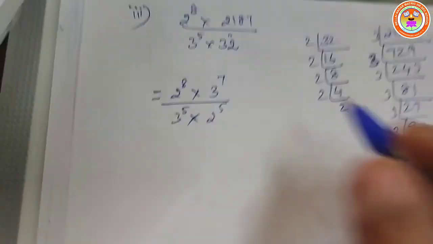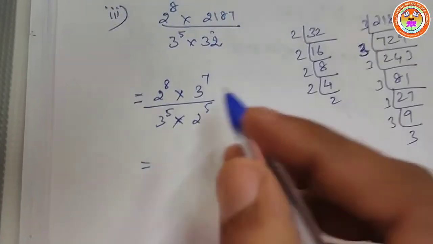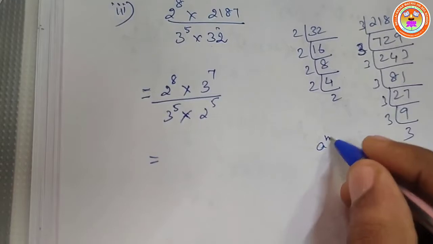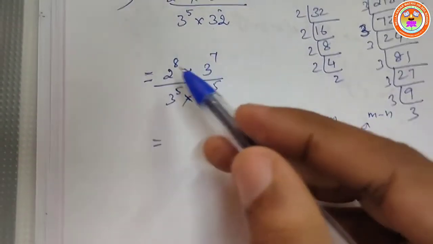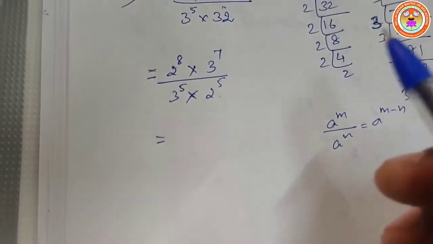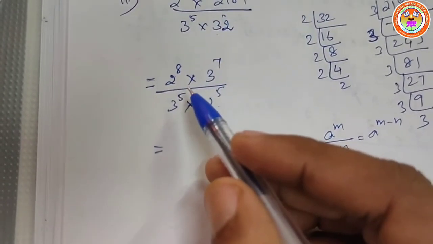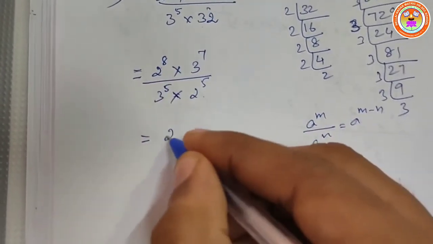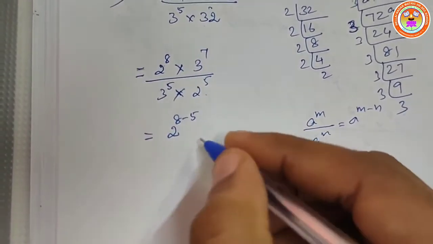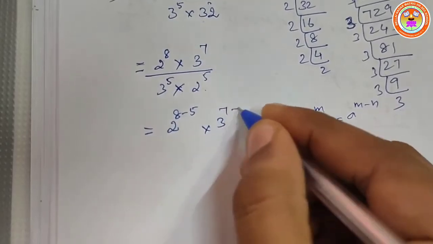Look at this. Here you can use the law, that is a power m divided by a power n is equal to a power m minus n. Since the bases are same, you can subtract the powers, that is 2 power 8 minus 5 into 3 power 7 minus 5.